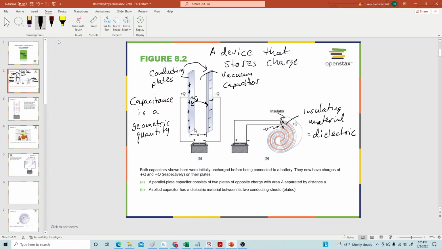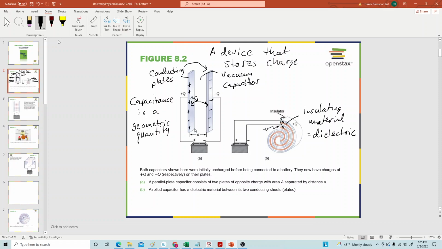Or, alternatively, what you're specifying is the amount of charge that the system can store. Okay? Now, capacitance is a geometric quantity. It is a constant for a given situation or a given device, right? If you're not changing the physical characteristics of the device, it will have the same capacitance.